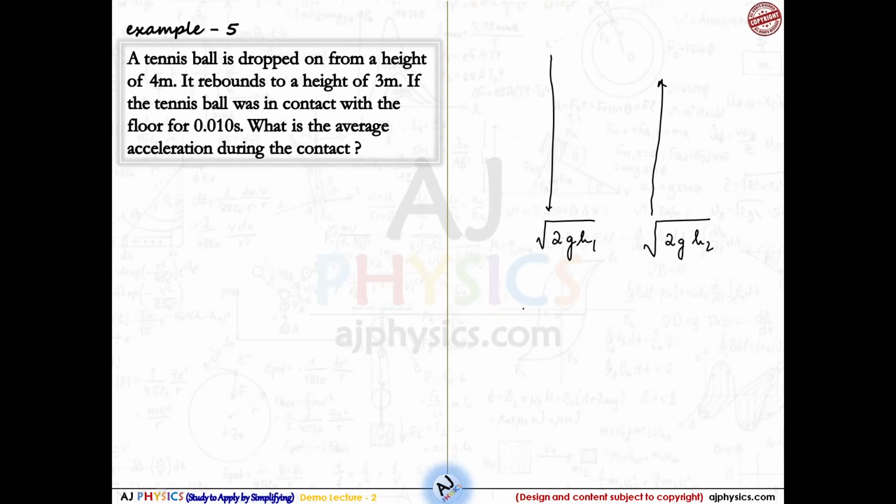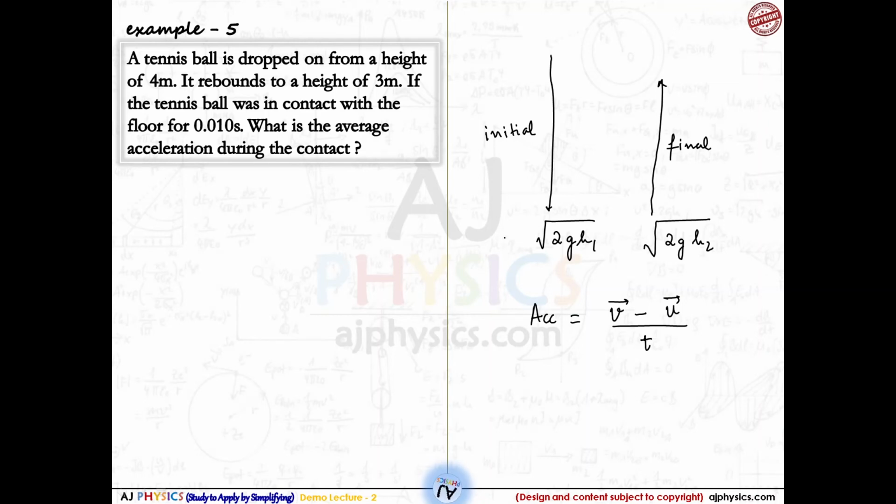And how do we define acceleration? This is v vector minus u vector divided by t. Very simply I am telling you this. So the thing is, this is the initial case and this is the final case.